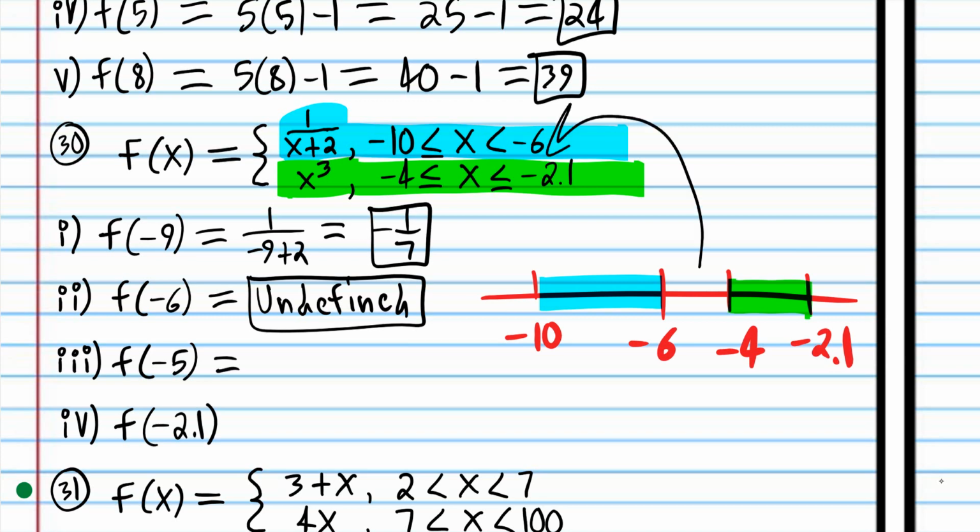So when it comes to negative 6, the previous problem, negative 6 was here, but we have an open dot on that because x is not equal to negative 6, it's less than negative 6. But we have closed dots everywhere else because we have less than or equal to.